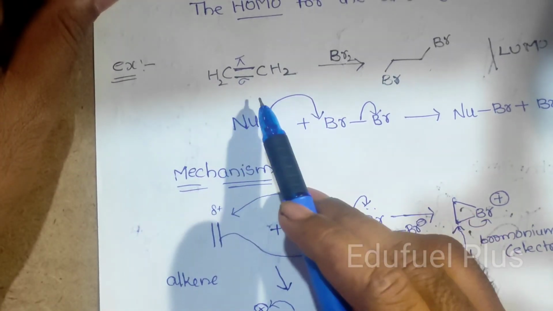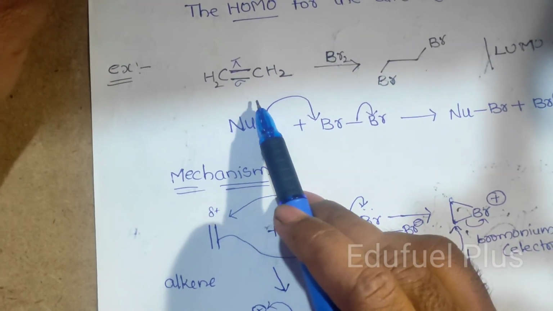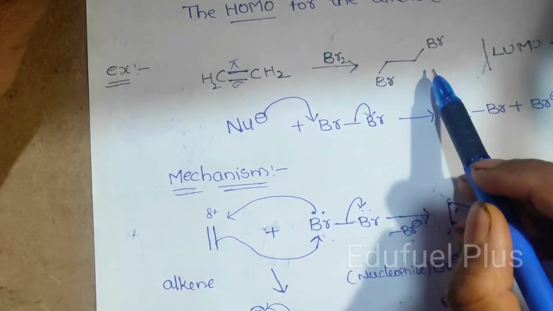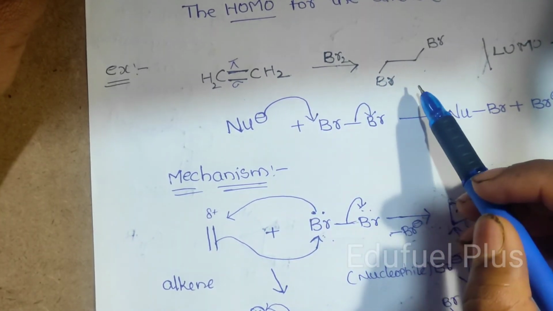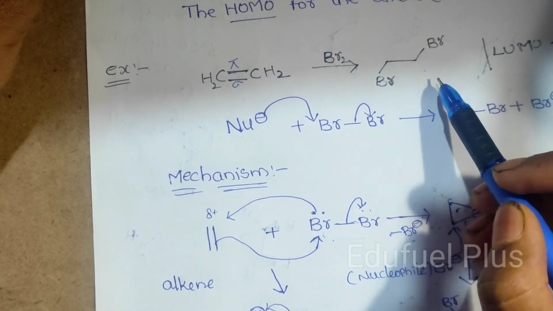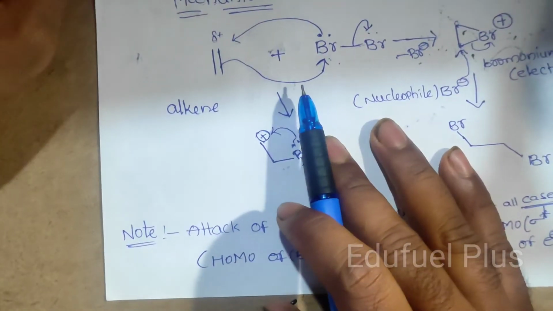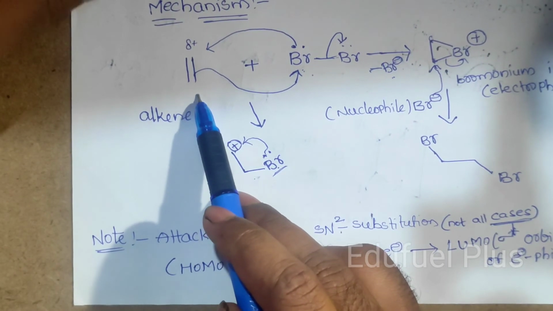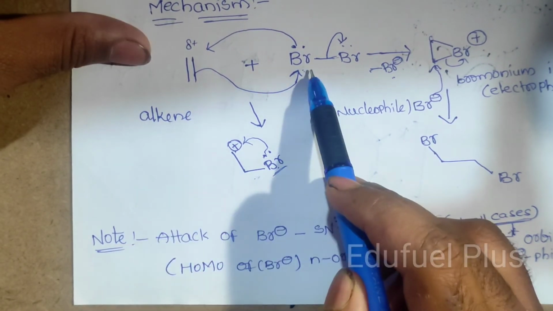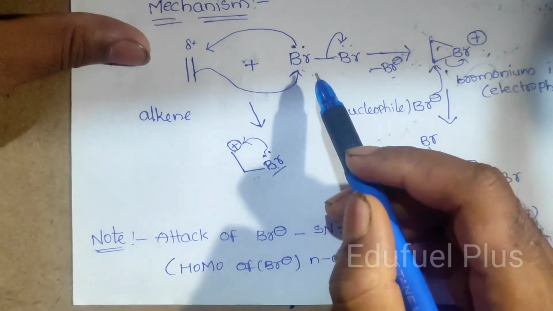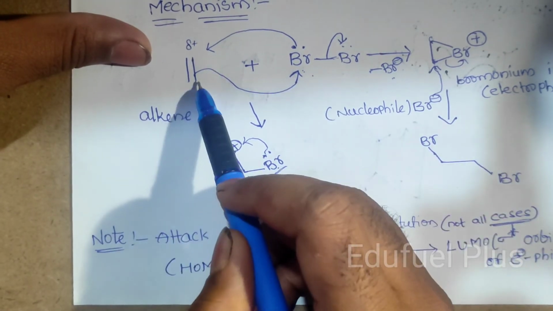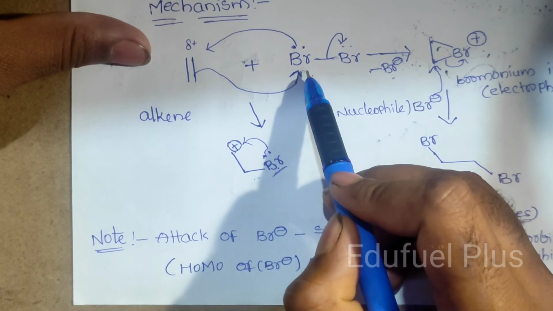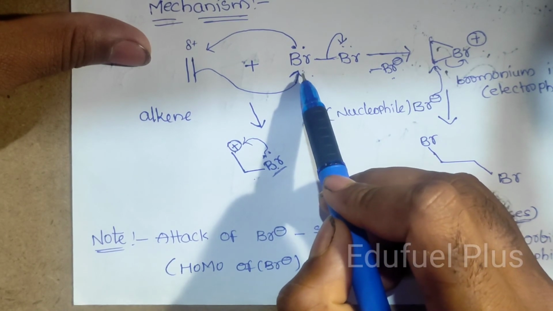Here I took as an example ethylene reacting with a bromine molecule. We get 1,2-dibromoethane. The mechanism for this particular reaction is like this. Here we have the alkene, ethylene, and the bromine molecule. Initially the pi bond electrons are donated to the bromine sigma star orbital.